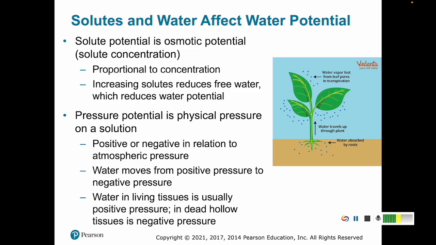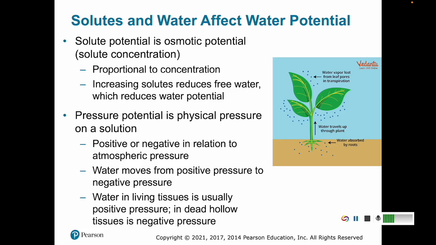So solute potential is the same as osmotic potential or solute concentration, and that determines which direction water moves. Pressure potential is the physical pressure on a solution, so it's positive or negative in relation to the atmospheric pressure. Water will move from positive pressure to negative pressure.